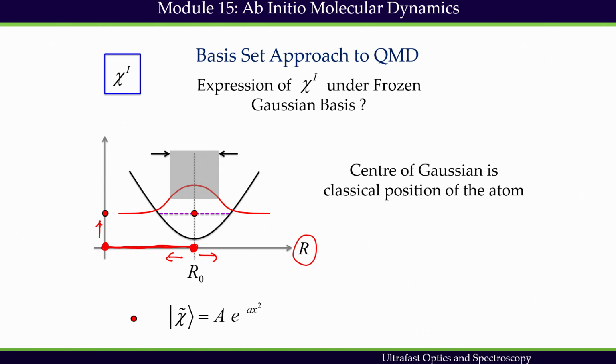Under the simple harmonic oscillator approximation, the vibrational wave function for a simple diatomic molecule has a width. So what does it mean? Even if I am in the 0th energy level, this dotted line is representing the 0th energy level of the vibration. The nucleus is like this, and its internuclear distance is R0, which is the equilibrium distance.